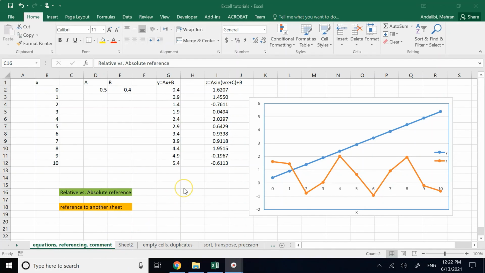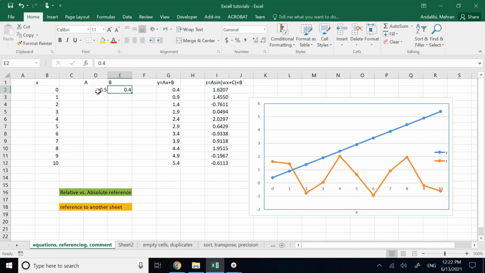Well, yes, just like MATLAB or any other programming language, here in Excel, you can also add a comment for other people to see, and probably even they add their own comments. So let's say I want to say, hey, this is the slope, and I got it from some experiments. I'm not so sure about it, right? Or this is the y-intercept. I just want to provide some info about these numbers.